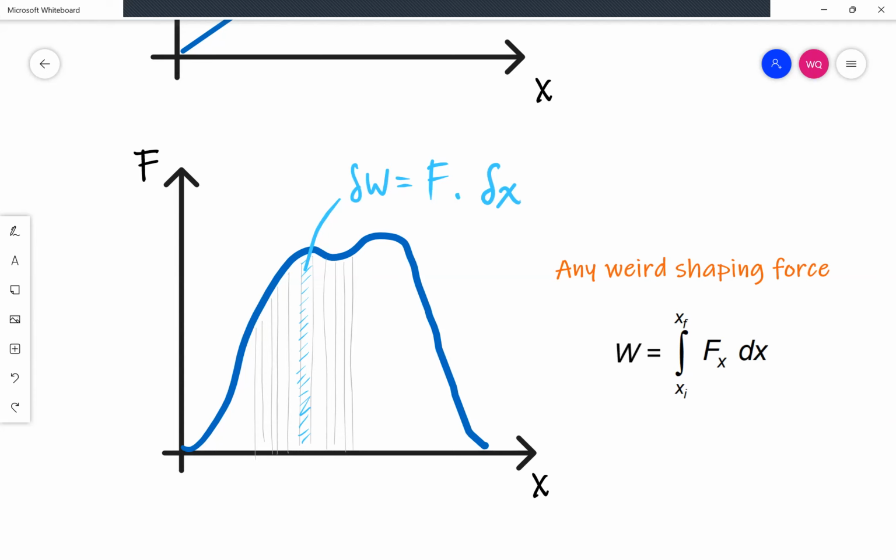Graphically, it is the area under the graph. In other words, to find the work done by a force, it is always looking at the area under the Fx graph. That is the generic interpretation. I repeat, the work done by any force is the area under the Fx graph. Could the graph be negative? Could the value of F be negative?